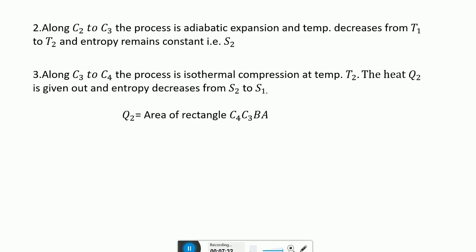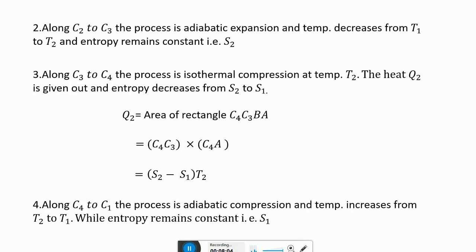For the third operation along C3, C4, again the process is isothermal compression at a temperature T2. Then heat Q2 is given out and entropy decreases from S2 to S1. And the value of Q2 is equal to the area of rectangle C4, C3, B, A. By using the same relation, we get Q2 equal to (S2 minus S1) into T2.